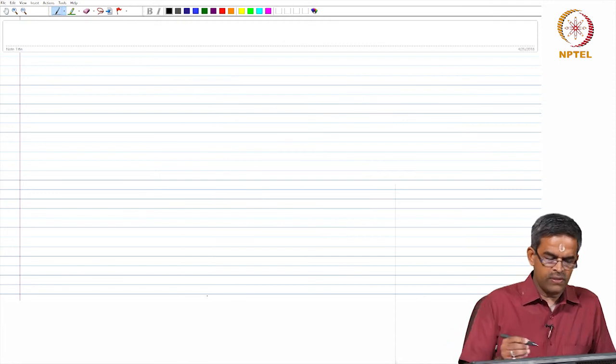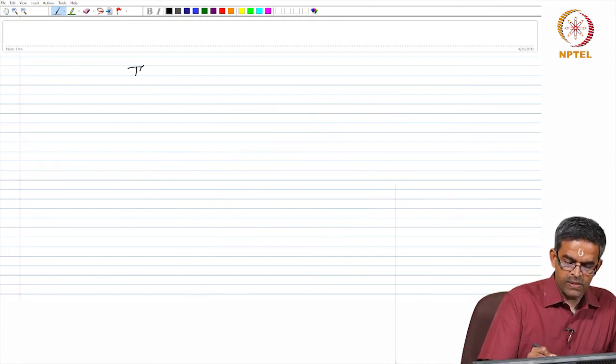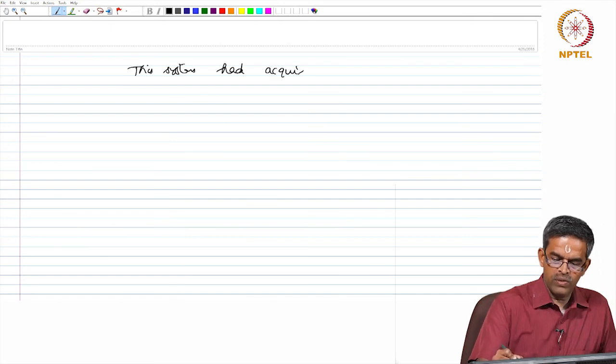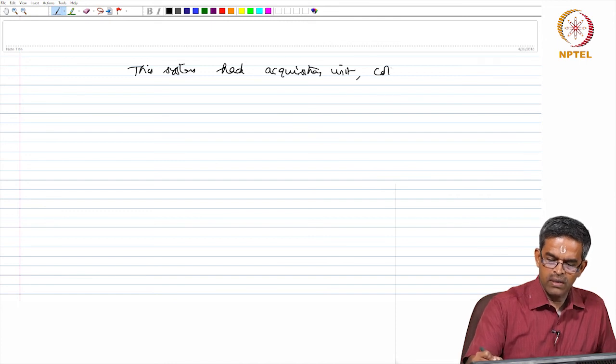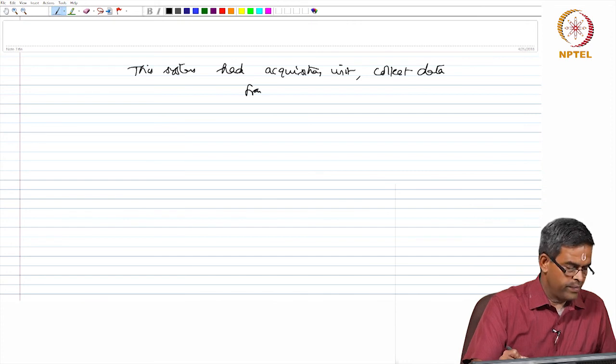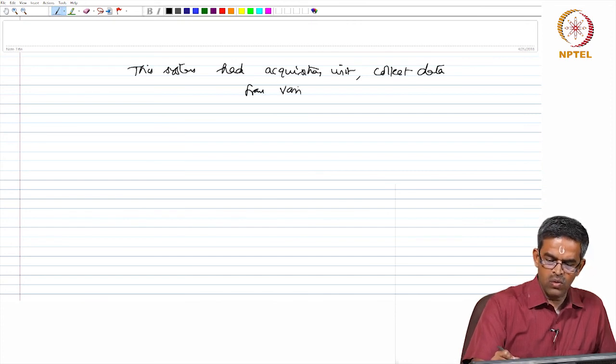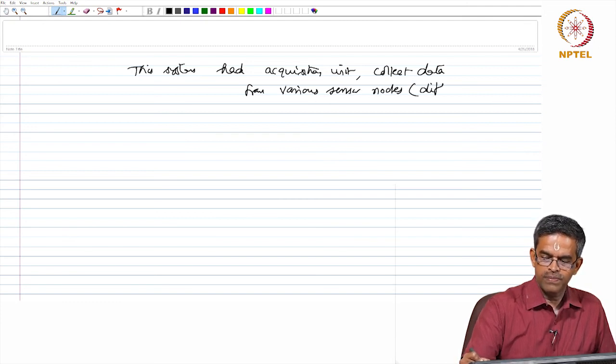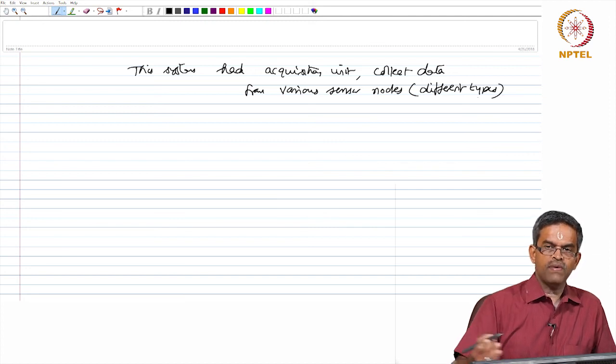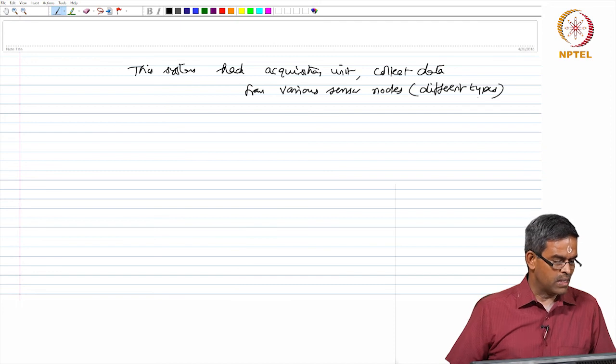There are advantages of the system. This system, the integrated system, acquisition unit that can collect data from various sensor nodes of even different types. There are different types of sensors, we already seen them in the last lecture.